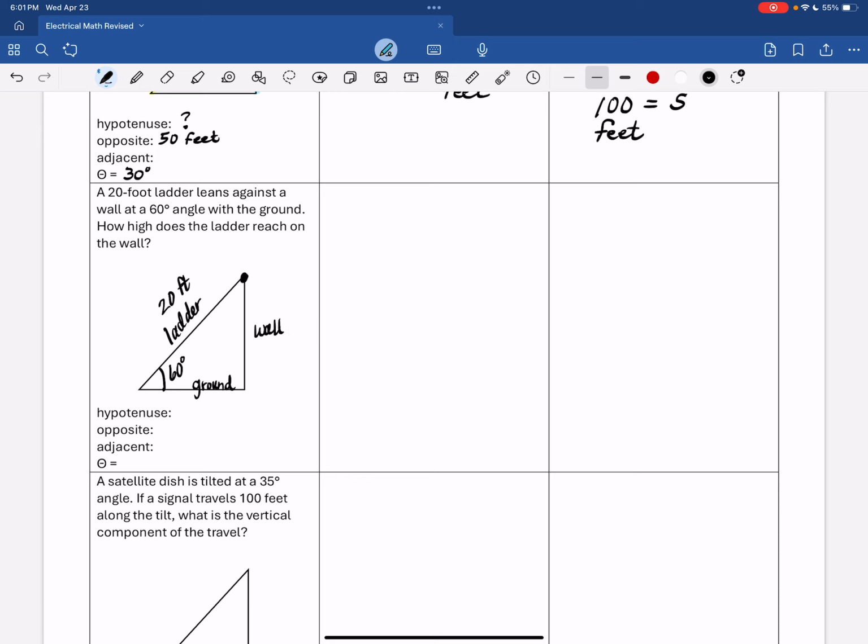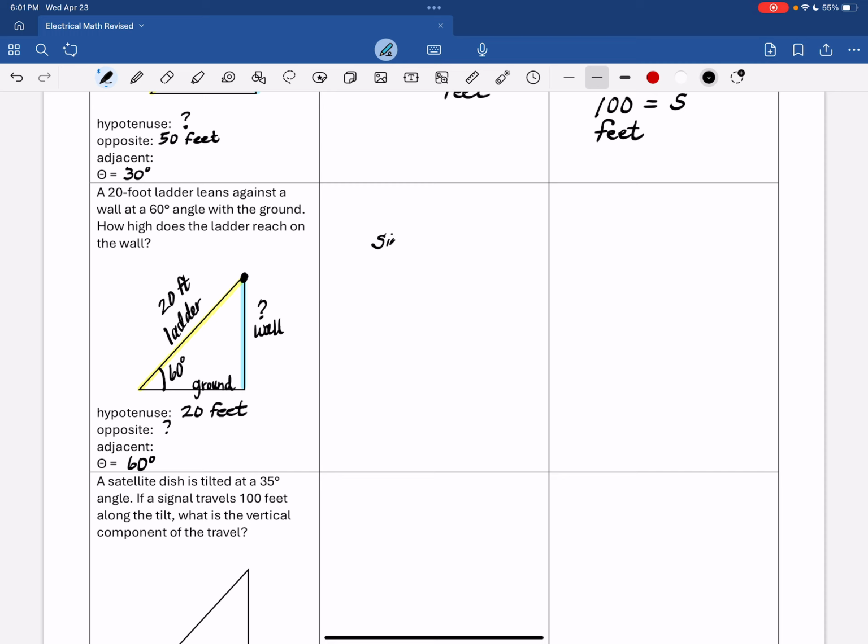So we're looking for this height of that point, and that is going to be the opposite. Here is hypotenuse, the ladder. So we know the 20 feet. We know theta is 60, and we're looking for opposite.